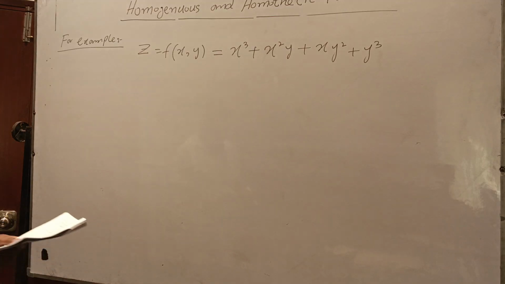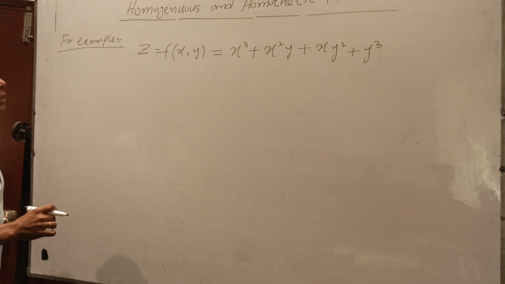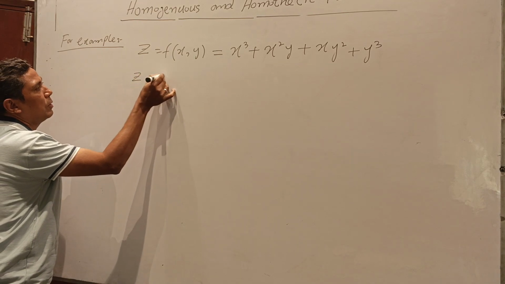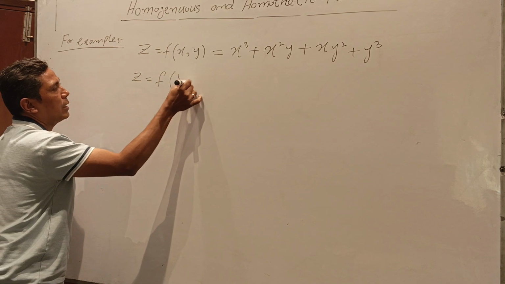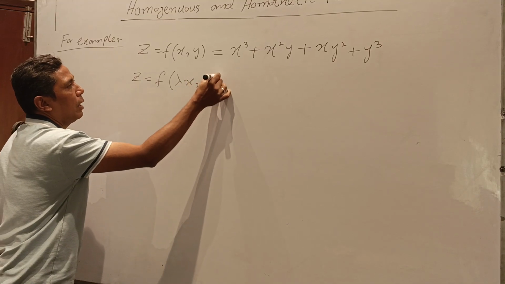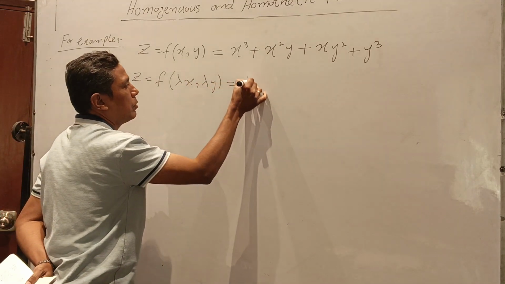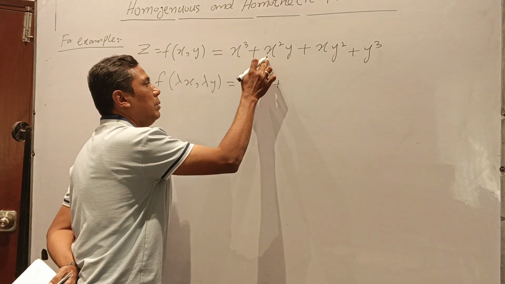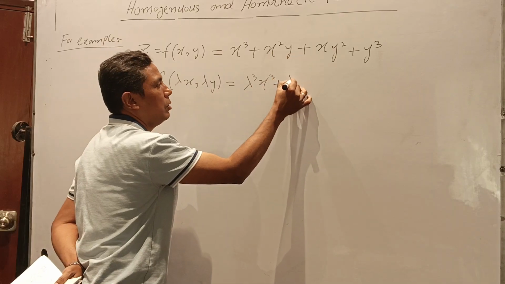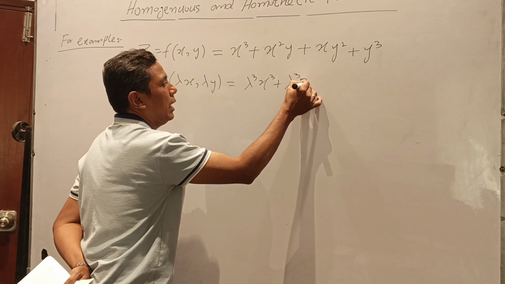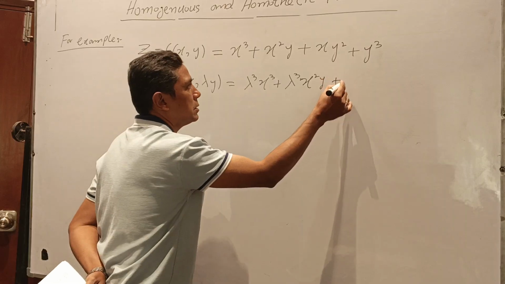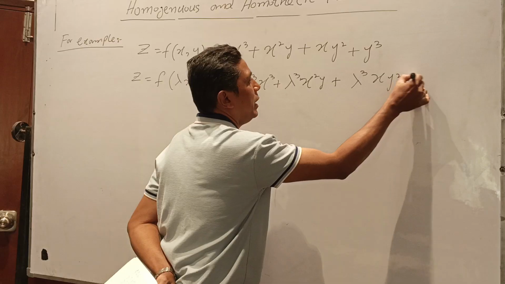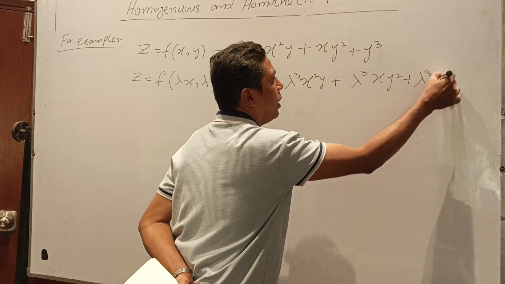Clear? Just scale with lambda or t. So f of lambda x and lambda y will be lambda cube x cube plus lambda cube x square y plus lambda cube x y square plus lambda cube y cube.